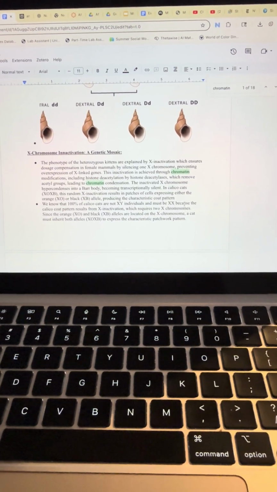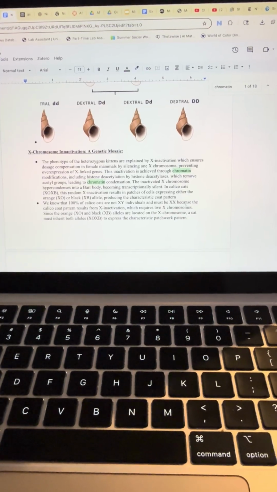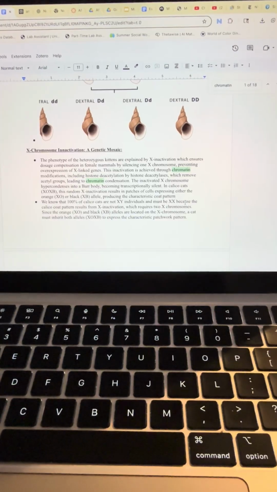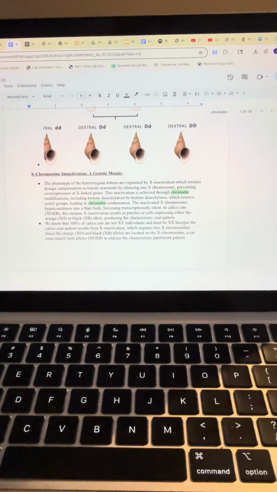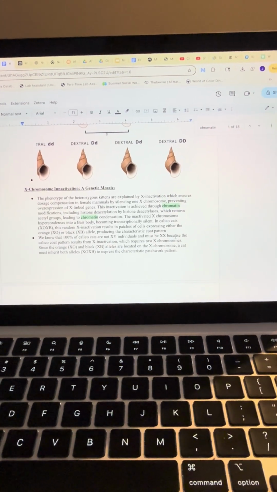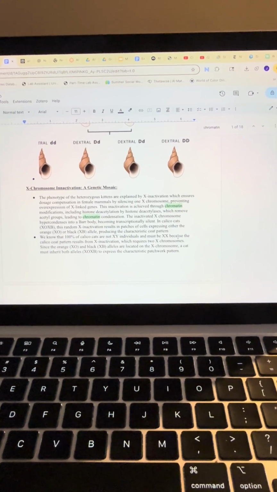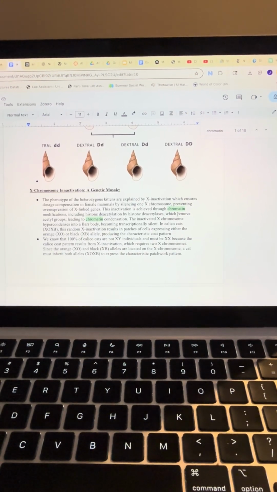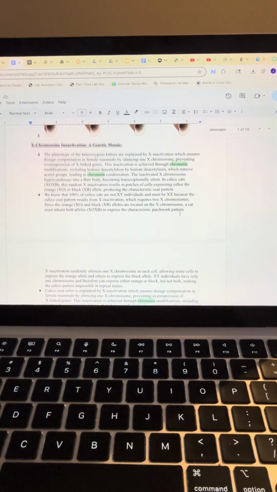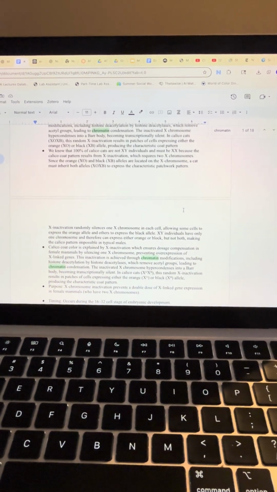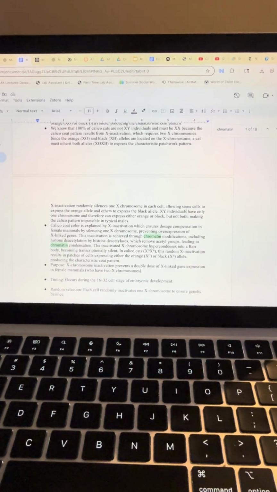It must be XX because the calico pattern results from X inactivation, which requires two X chromosomes. Since the orange XO and black XB alleles are located on the X chromosome, a cat must inherit both alleles, XO and XB, to express the characteristic patchwork pattern.